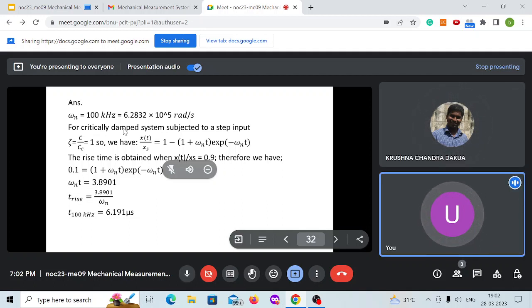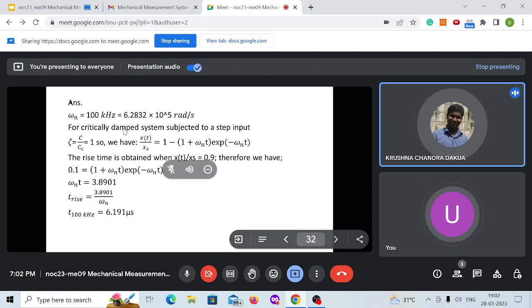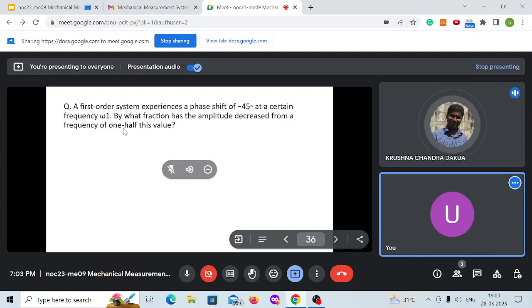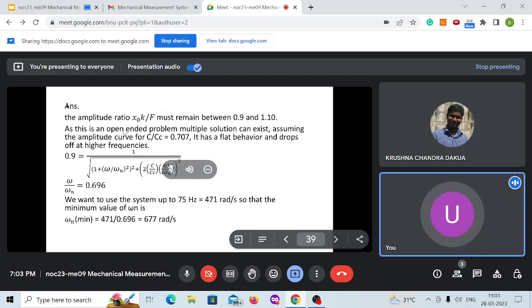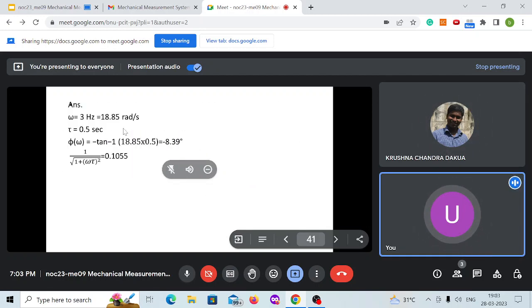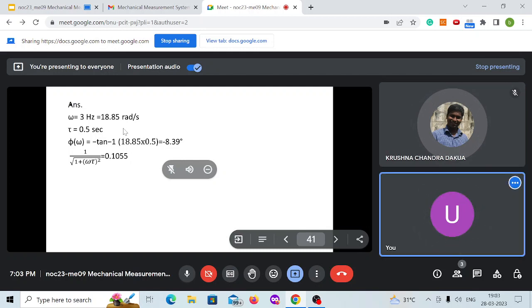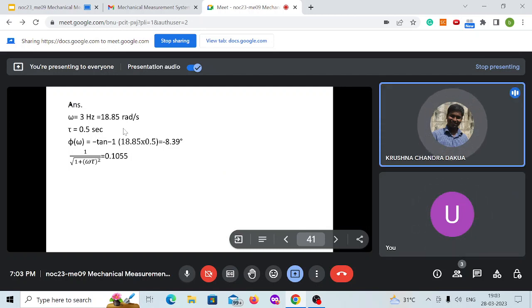Is this the one you are talking about? Yeah. See, this is a second order system, and there is damping because of that. This is a simple first order system. So for the first order system, the amplitude ratio is 1 by root over 1 plus omega tau square. There will be no minus 1 here. I hope this is clear. Okay, sir.